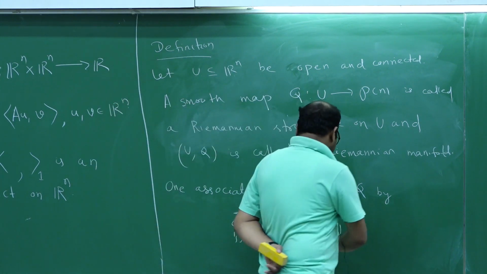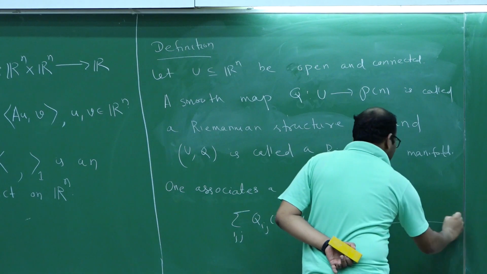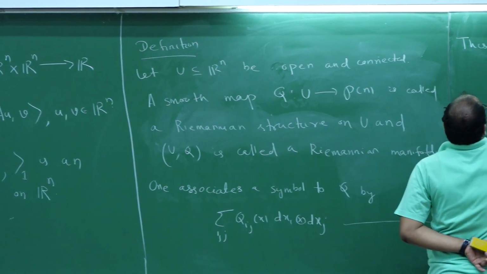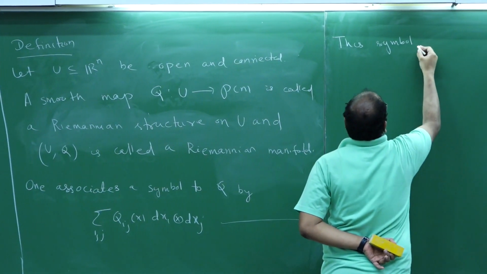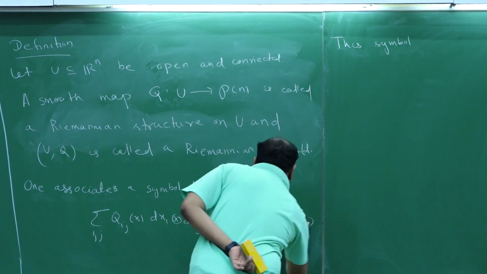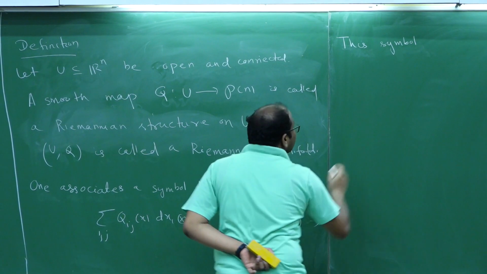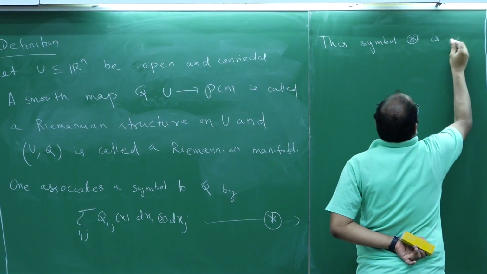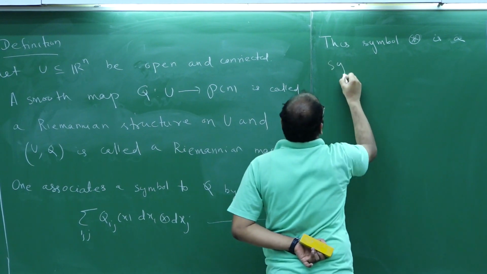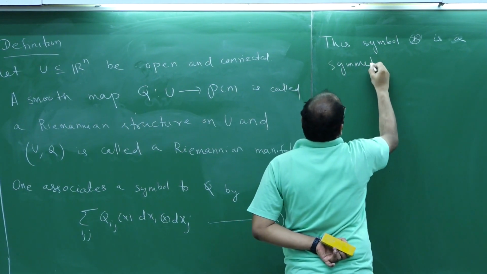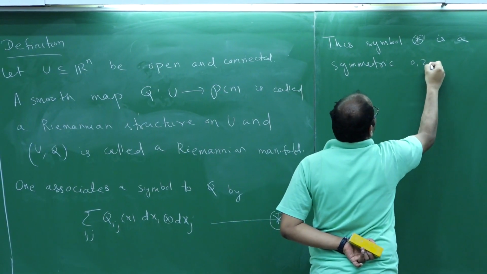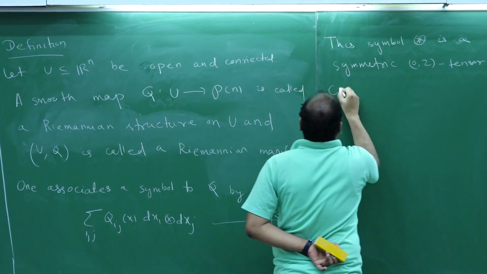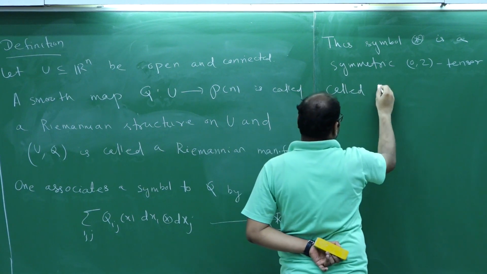Okay, this symbol, let us call this star, is a symmetric 0 2 tensor, called a Riemann element.